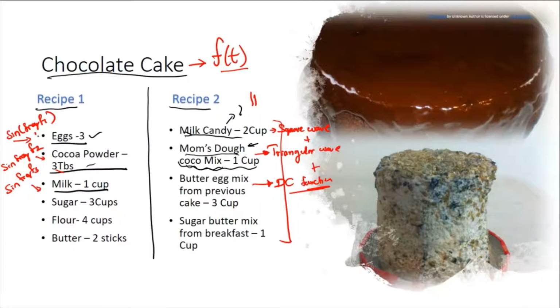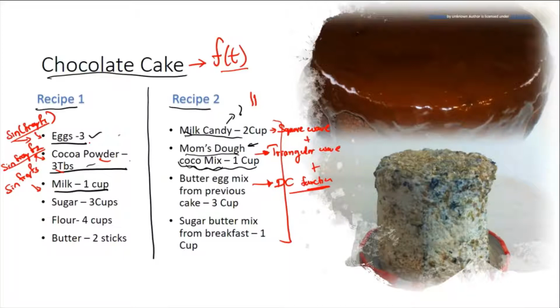What I'm saying here is that just like eggs has nothing to do with cocoa powder, both are entirely different ingredients, two sine waves of two different frequencies are entirely different. There is absolutely no correlation between this one and this one. So if there is frequency f1 and frequency f2 of a sine wave, both of them are entirely different ingredients. Saying eggs as 3 and cocoa powder as 3 tablespoons is equivalent to saying that the function is made out of sine of frequency f1 and sine of frequency f2.